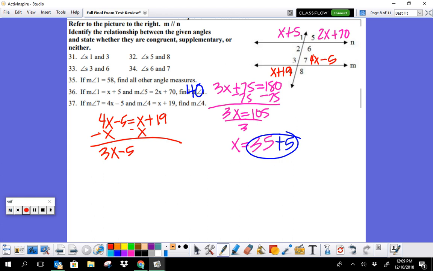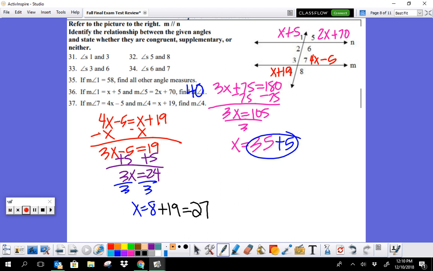So 3x minus 5 equals 19. I'm going to add 5, and then divide by that 3, and x will be 8. This says to find the measure of angle 4, which is x plus 19. So 8 plus 19 is going to be 27.